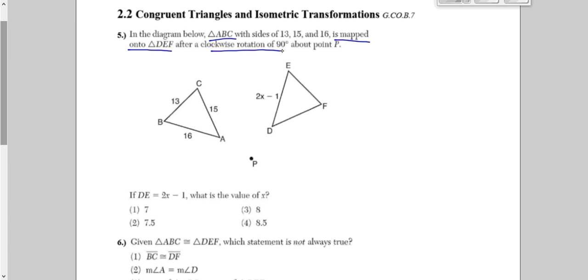So are they congruent? That statement tells you have two congruent figures. And what do we know about congruent figures and their corresponding parts? Well, they're congruent, which means they have equal numerical measure, right?